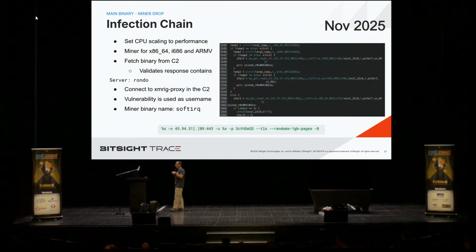Right now, the way they set up the miner is they're using XMRig proxy on one of the C2s. So you cannot see the mining capabilities that they have, because they're connecting directly. One interesting thing is that they're using the vulnerability name as the username for that miner.